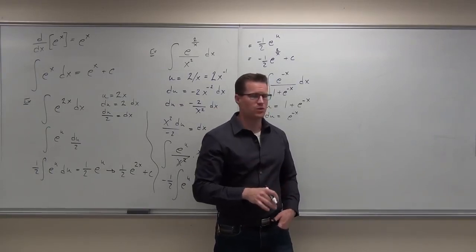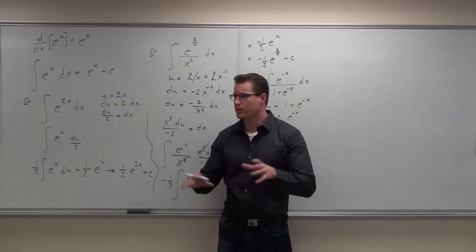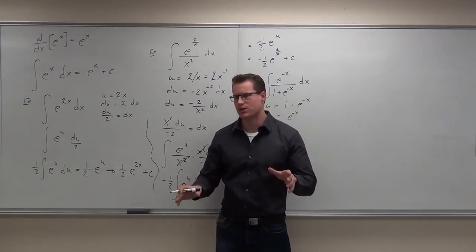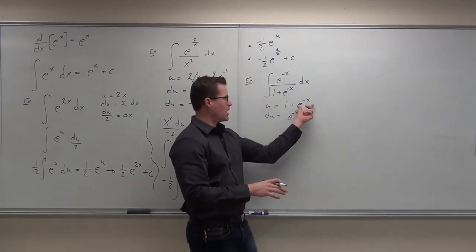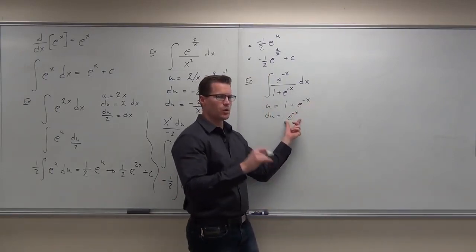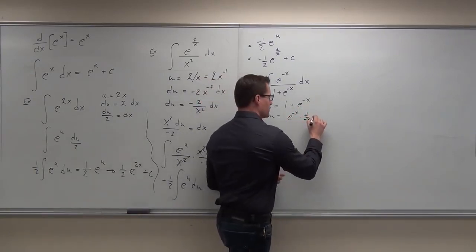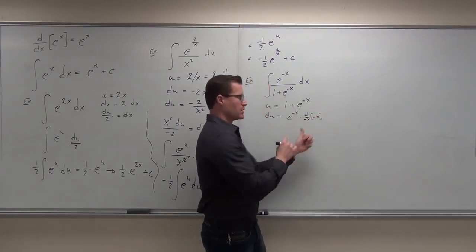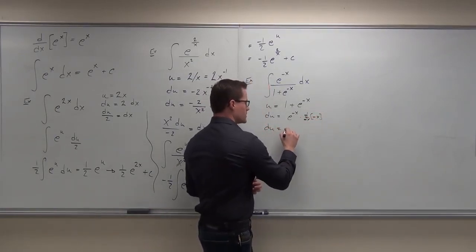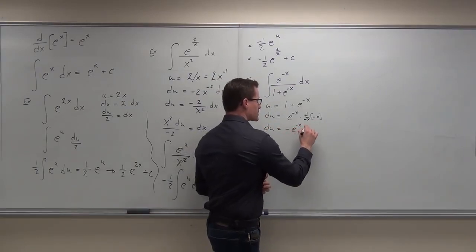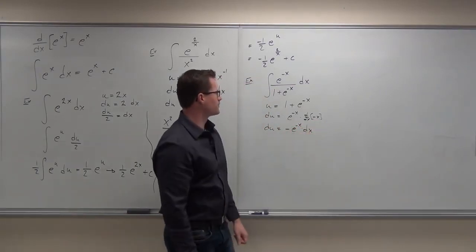With all these e functions, don't forget the chain rule. The chain rule says I'm going to keep the e to the negative x, but multiply by the derivative of the exponent. What's the derivative of negative x? So du actually equals negative e to the negative x dx.